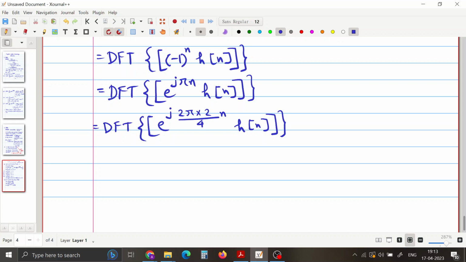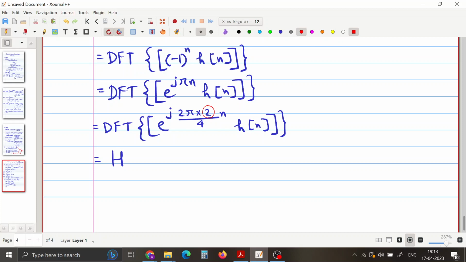The shift will be this 2 sitting here. So it will be H of k minus 2, and again mod 4 will be there because of periodicity.